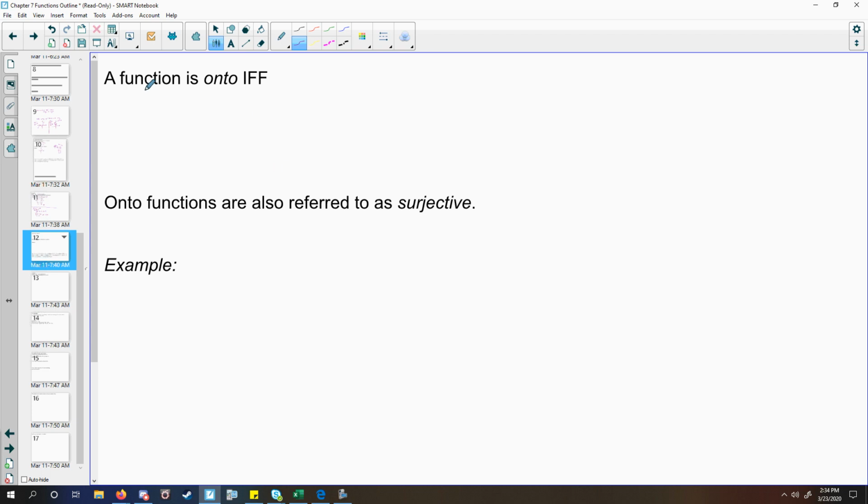Functions are onto if and only if for all y in your codomain, so let's call it maybe codomain y, there exists some x in your domain, we'll just call it domain x to be consistent in how we've been learning this, such that f of x will always equal y.